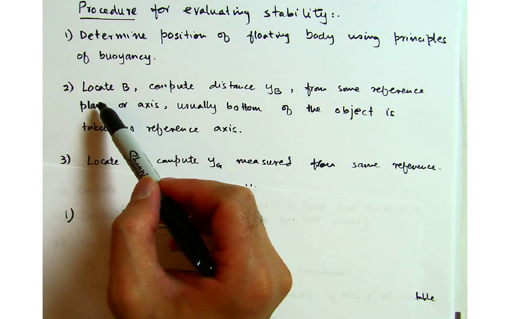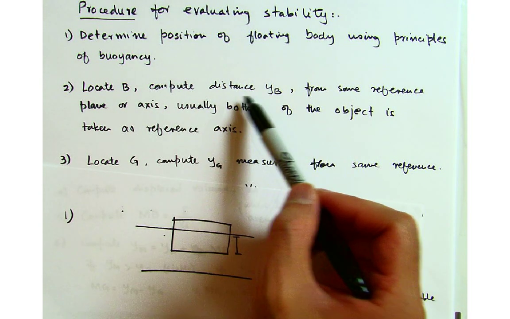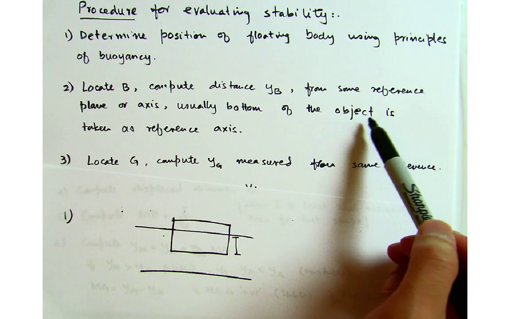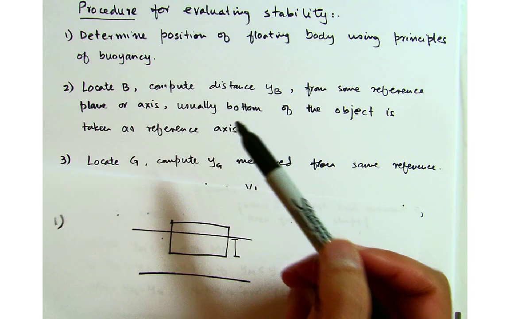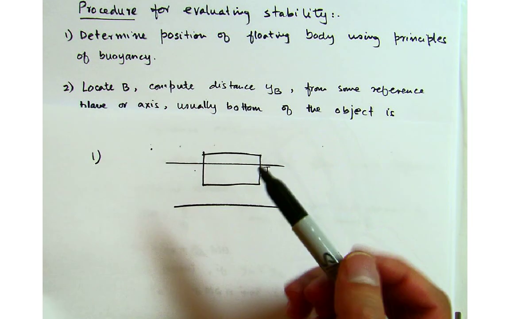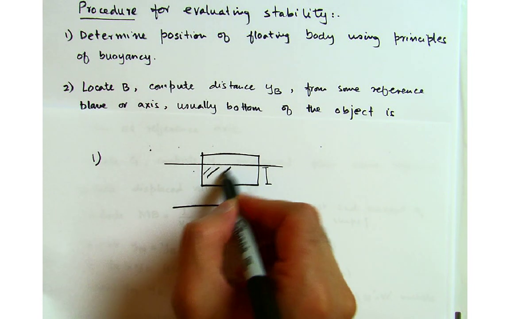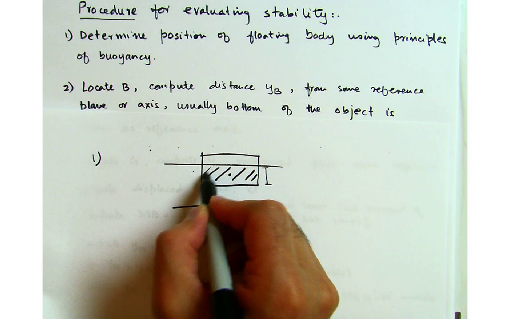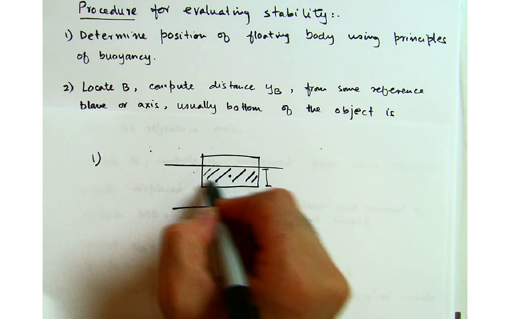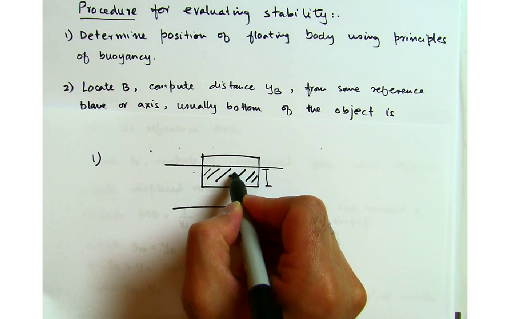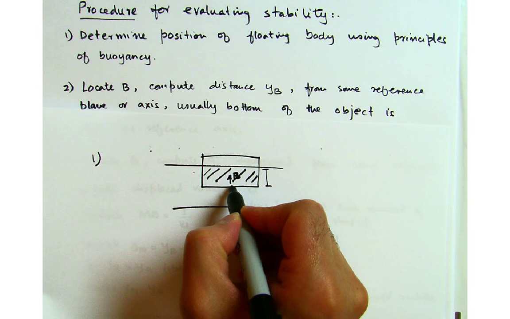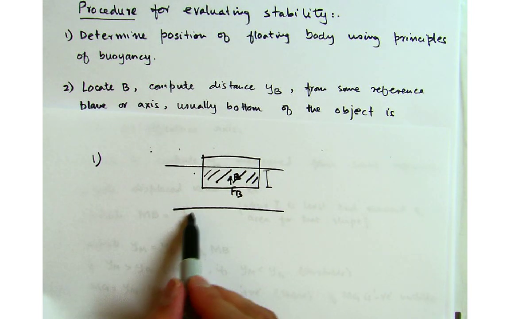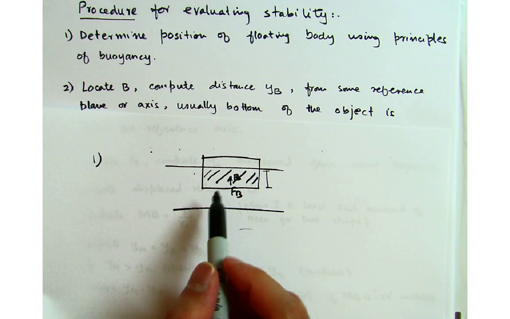The second thing is locate B. Compute distance YB from some reference plane or axis. Usually the bottom of the object is taken as a reference axis. So once we find out how much it is inside the liquid, the center of that volume will be the point B where your force FB is acting. We will take some reference, and it can be anything, this reference over here or this reference.